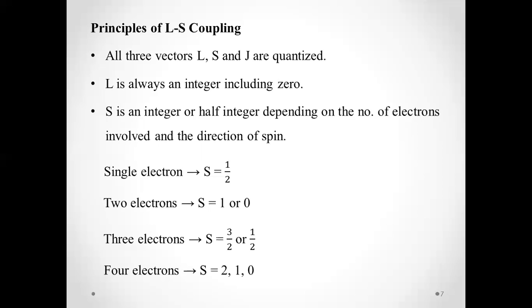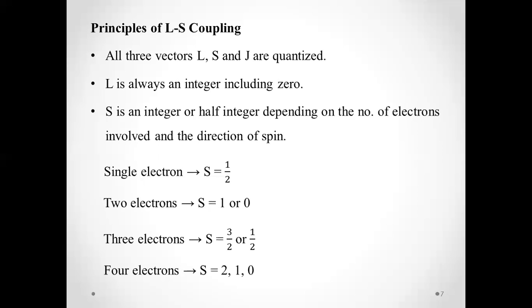Just applying these principles, we can see for a single electron, S is equal to half. If there are two electrons, S can be equal to 1 for parallel or 0 for anti-parallel.